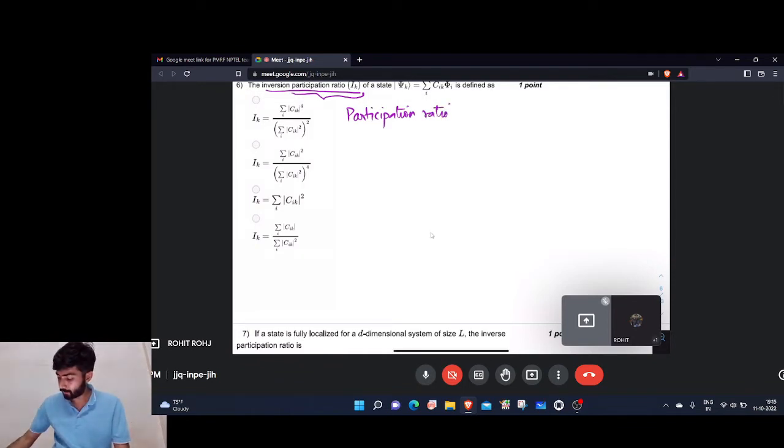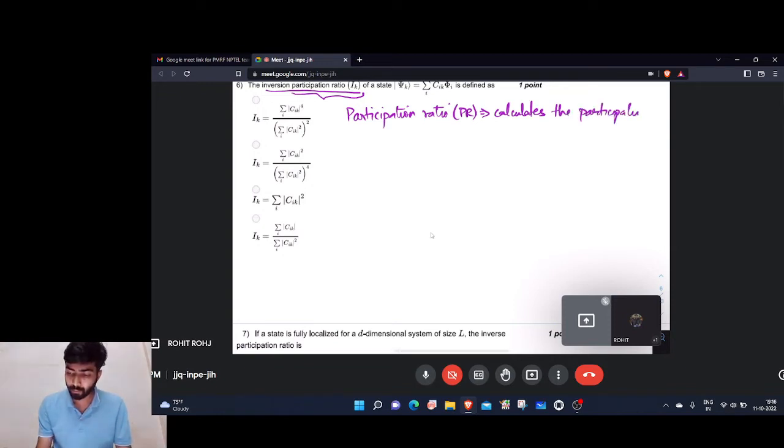Which means that participation ratio, or people call it PR, calculates the participation of all atoms in the unit cell to the vibrations of a given phonon mode.